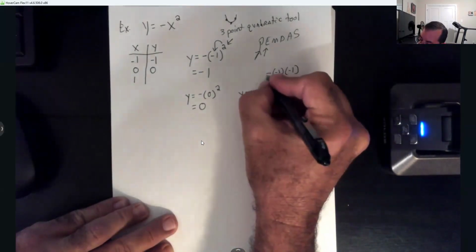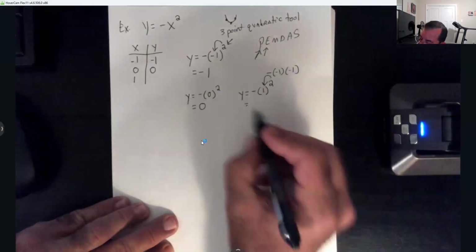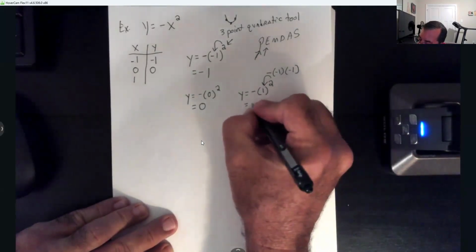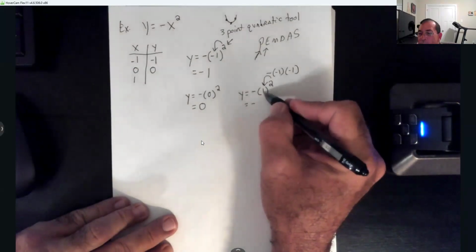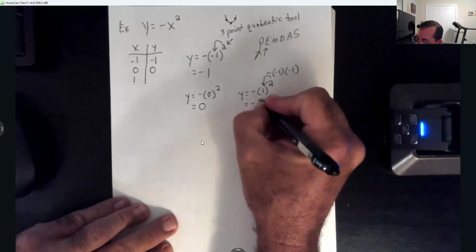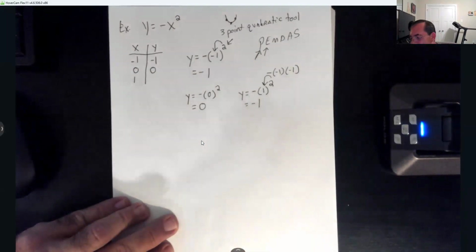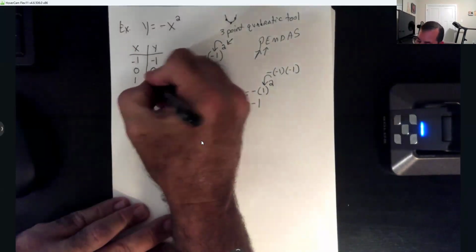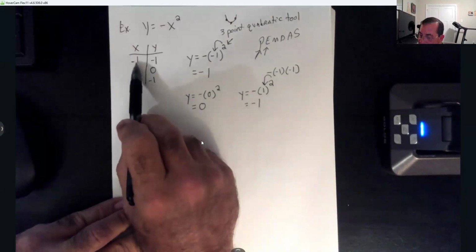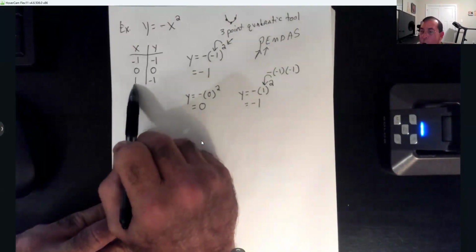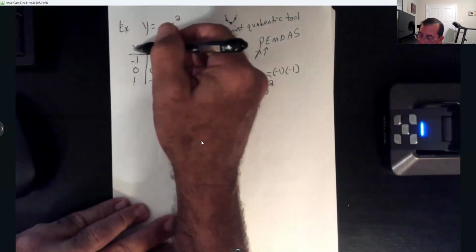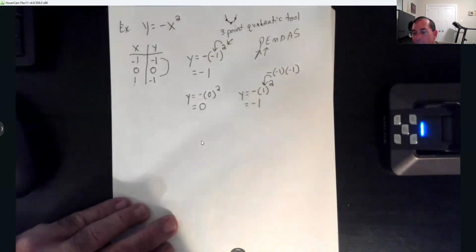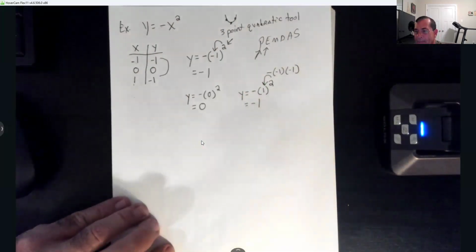So remember, the exponent only affects the 1, so this negative on the outside has to come down. And y'all, 1 times 1 is 1. Okay? Now, did y'all notice? I got the same answer from -1 and 1. These graphs are symmetric. So if you use a -2 and a 2, those answers will be the same, okay?